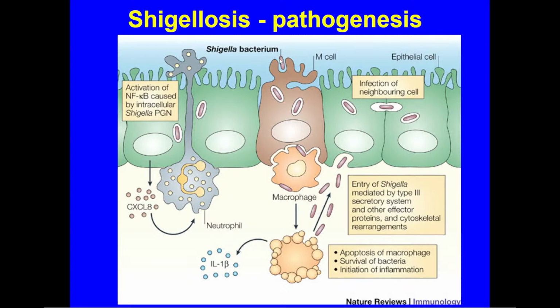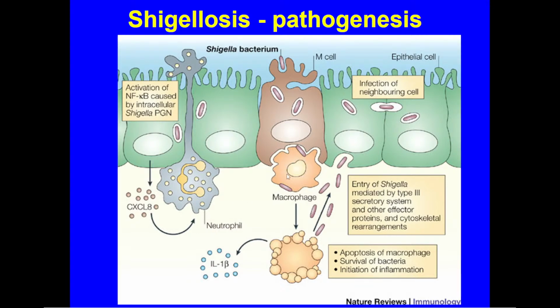See, Shigella bacterium may travel, and M cells may engulf them, and through transcytosis they are transmitted under the layer of the epithelial cells into the lamina propria tissues.